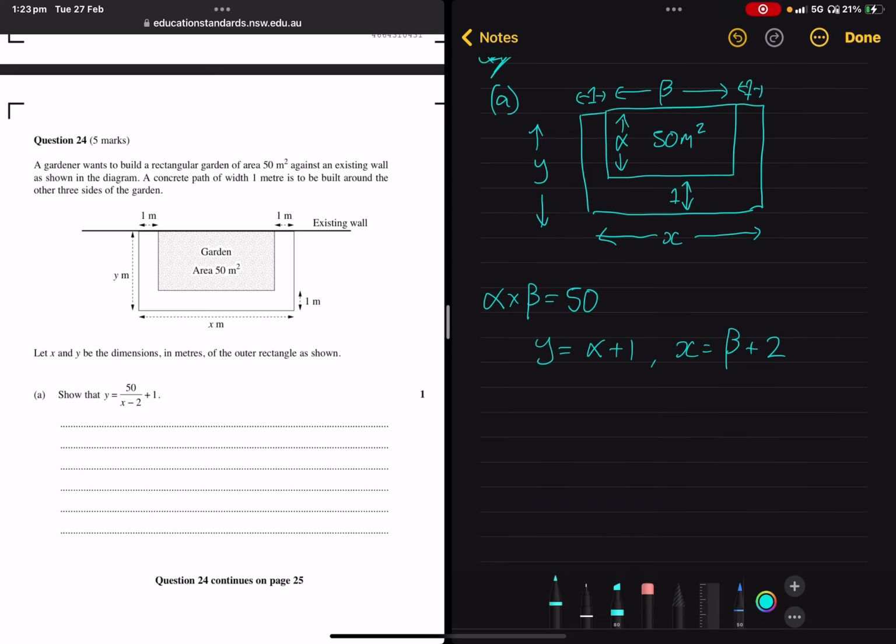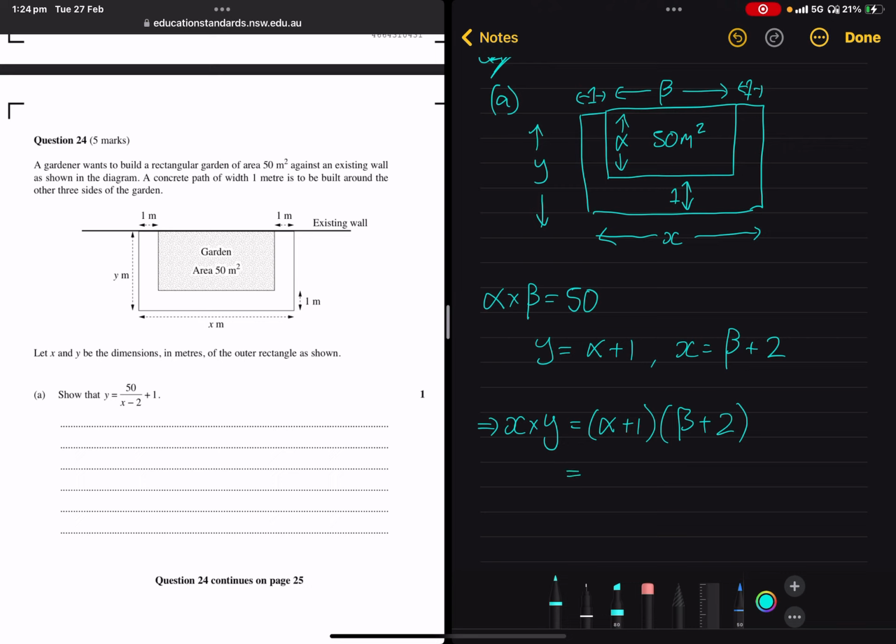And if we multiply x and y, we find that x times y is equal to alpha plus 1 times beta plus 2. So we've got xy is alpha plus 1 times beta plus 2.